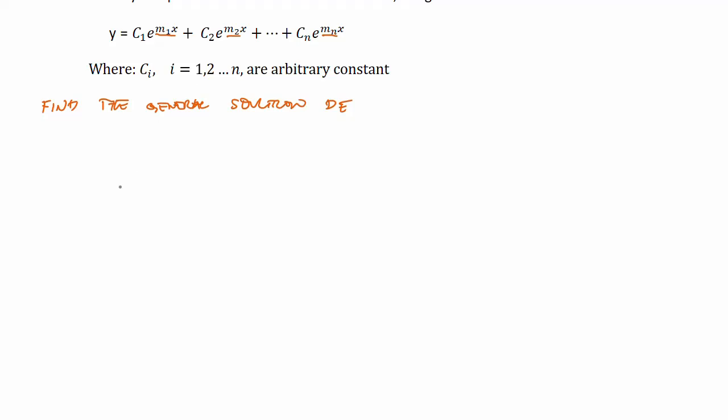Say our given DE is the second derivative of y plus 2y prime minus 3y is equal to 0. The first thing that we need to do is to write this differential equation in terms of the differential operator D.